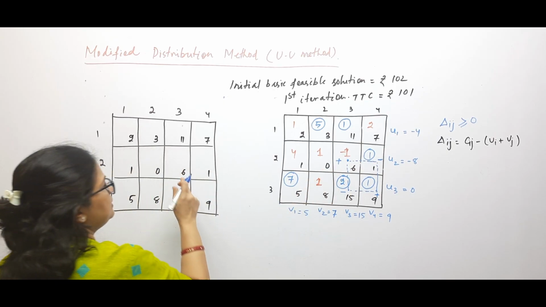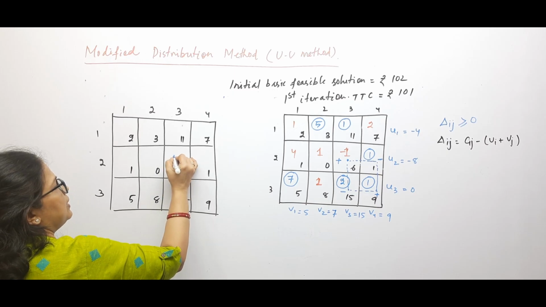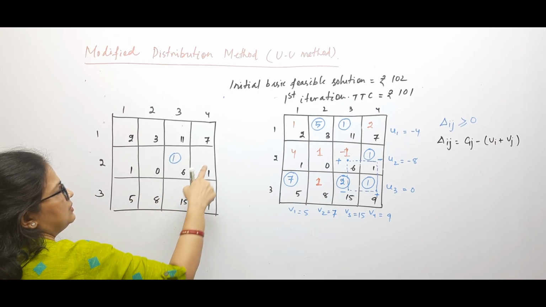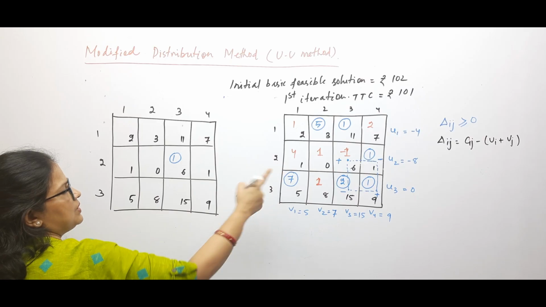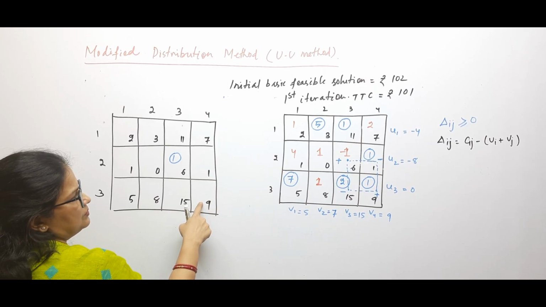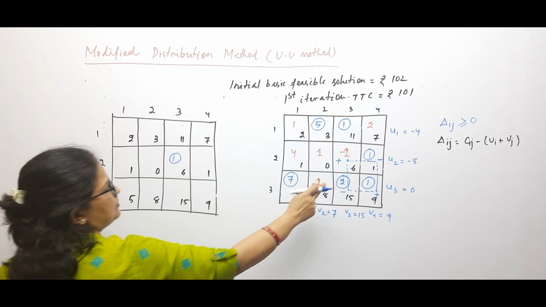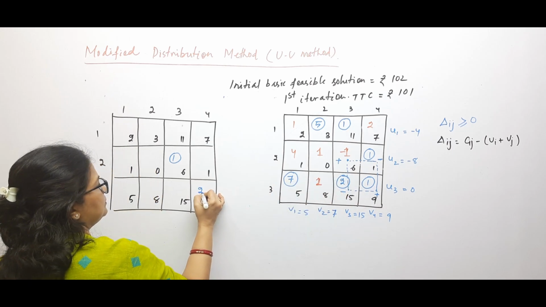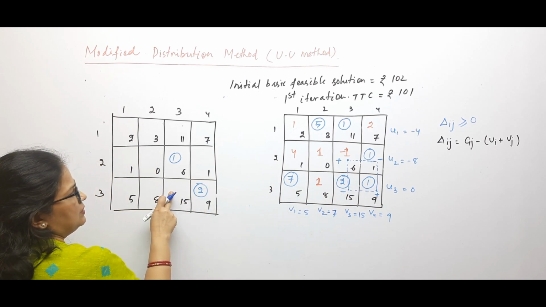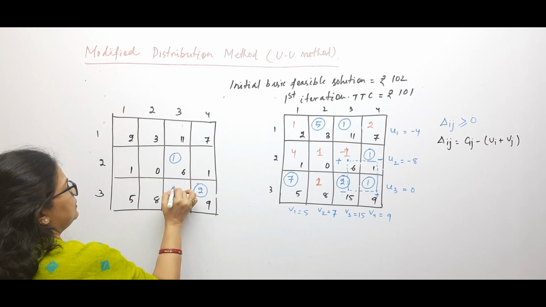Let us do that. Here we can go for having one allocation here. Here there will be no allocation because 1 minus 1. Here we do one allocation. 1 plus 1 is 2 now. Here 2 minus 1 will be 1.